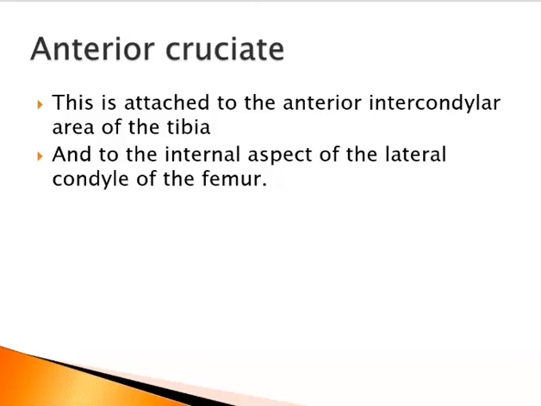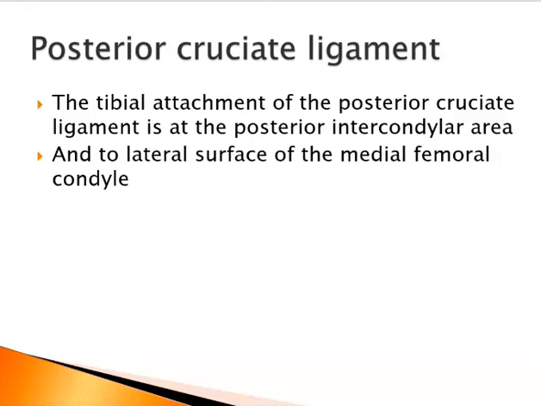This ligament is attached to the anterior condylar area of the tibia and to the internal aspect of the lateral condylar femur. Posterior cruciate ligament. The tibial attachment of posterior cruciate ligament is at the posterior intercondylar area and to the lateral surface of medial femoral condyle.